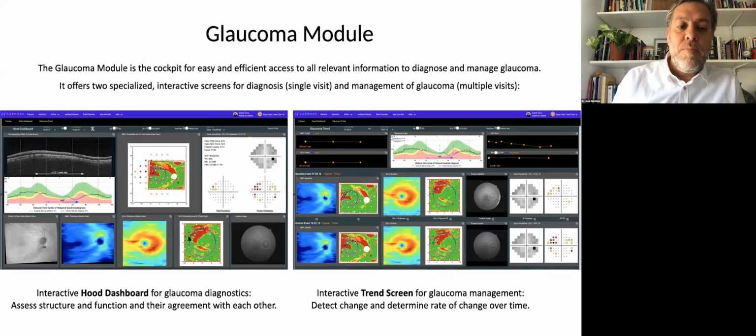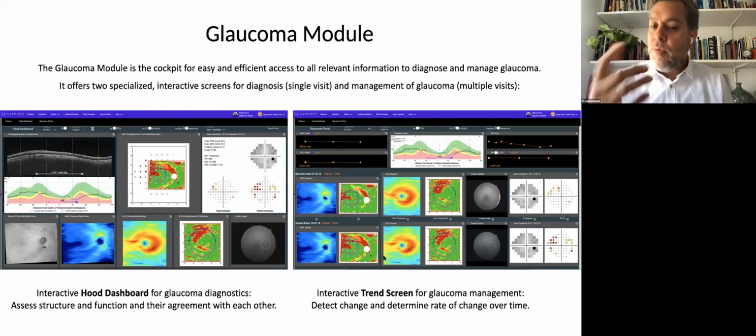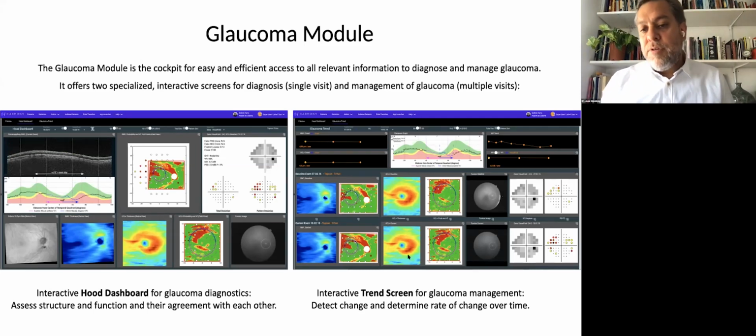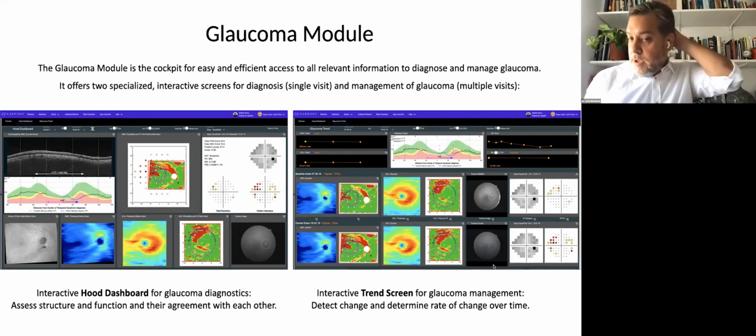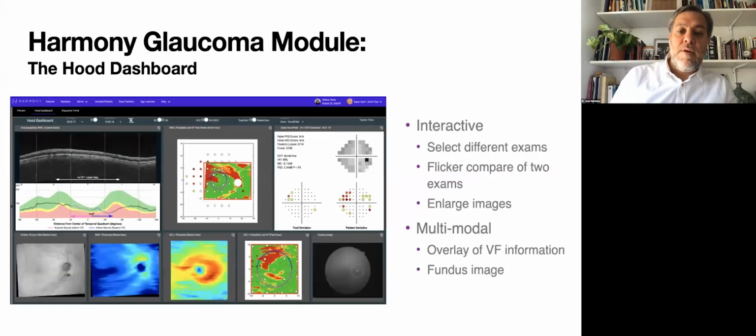So not only the simulation based on the OCT, but also the real field testing, where you could see the agreement with the simulated visual field testing points. This takes into account not only a single view, but also follow-up of different patients. We could follow up the patients and compare between the topographic view, the ganglion cell layer view, the color fundus, and the visual field testing right now.